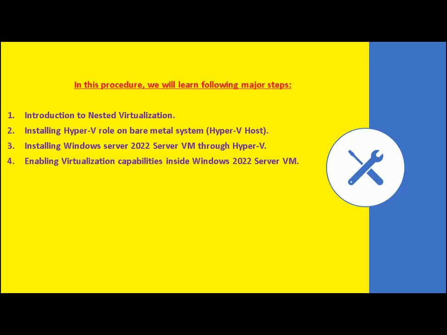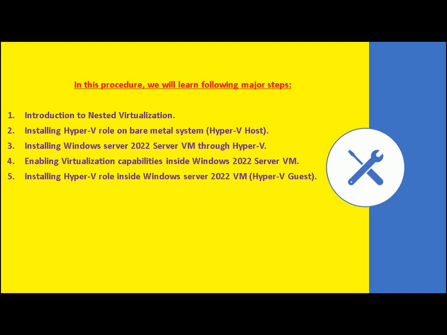That means inside the virtual machine we will again be enabling the virtualization capabilities. We will be installing the Hyper-V role inside the virtual machine of Windows Server 2022. That will be treated as the Hyper-V guest.